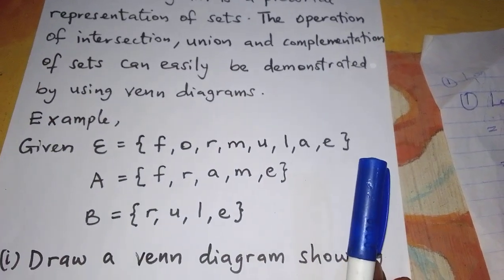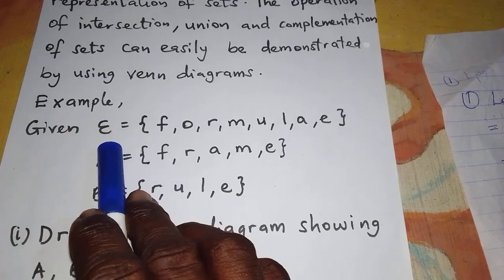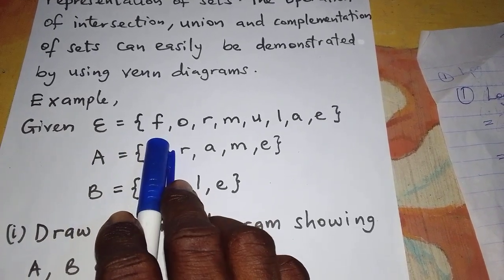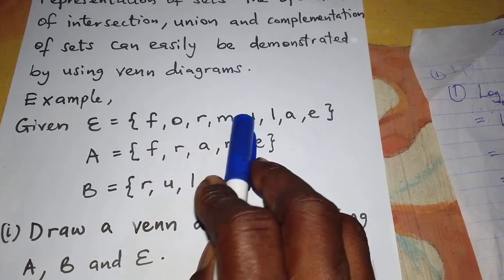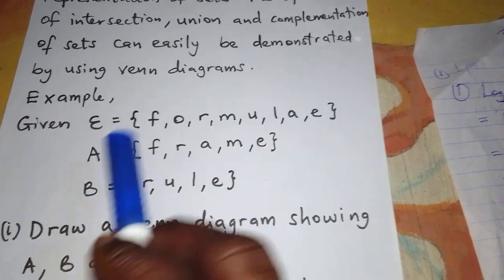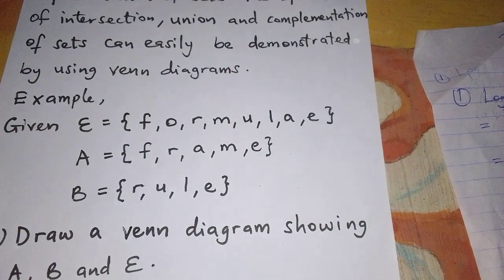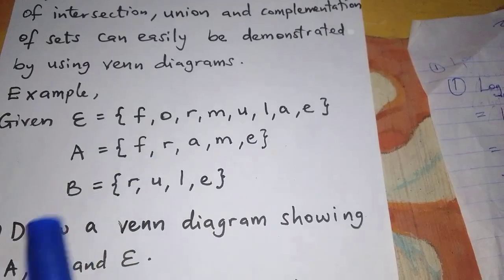Let's consider this example. In the universal set, you have the letters from the word FORMULAE, and in set A, you have the letters from the word FRAME.